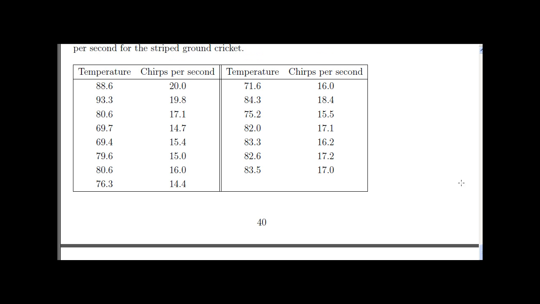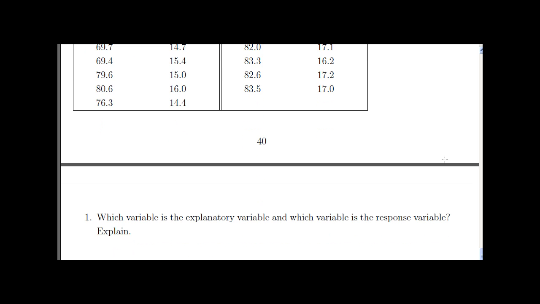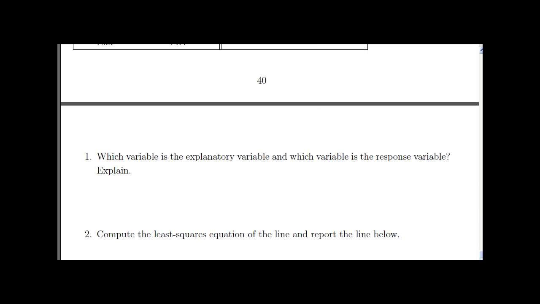It makes sense that the number of chirps per second is somehow explained, at least in part, by the temperature outside. So the temperature is going to be the explanatory variable, and the other variable, chirps, would be the response.